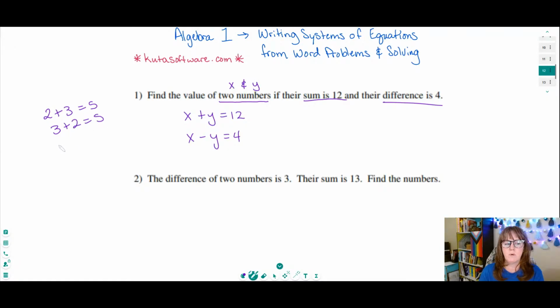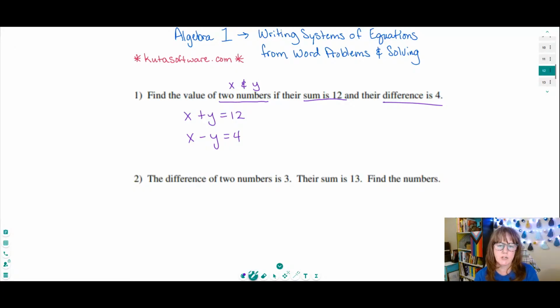If I were to write this as a subtraction problem, that wouldn't exactly give me the same answer, right? But with systems of equations, because we don't know either number, it does not matter. Whatever variable you put first for the subtraction problem is going to take on the role of the larger number. So we don't have to worry about that too much.